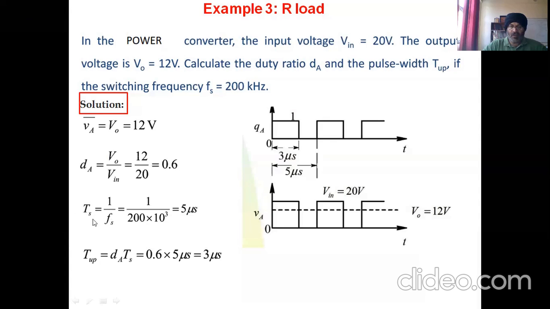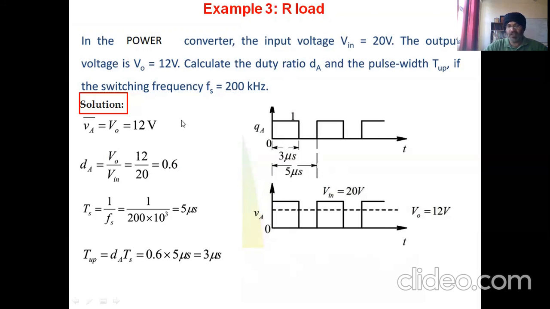Because the switching frequency is 200 kilohertz, taking the reciprocal we get the switching time. The turn on time of the actual switch is the duty ratio multiplied by the switching time, which is 3 microseconds. So for 3 microseconds the switch is on, and for the remaining 2 microseconds the switch is off.